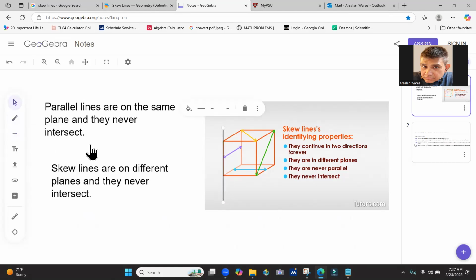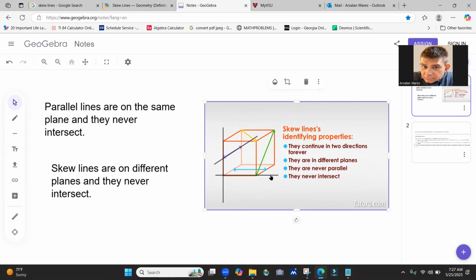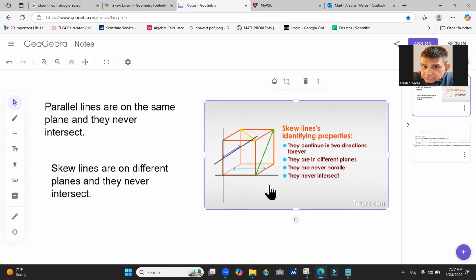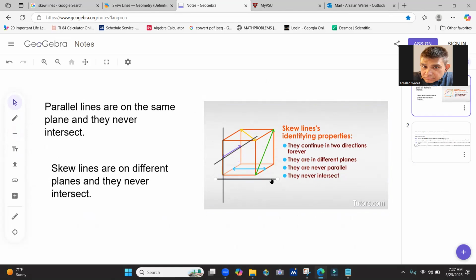this line, the so-called purple line, and this red line, okay? Now, consider this red edge of this cube, and this purple line.